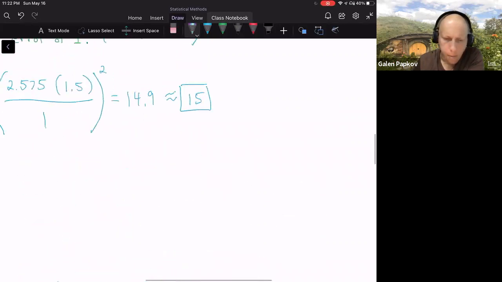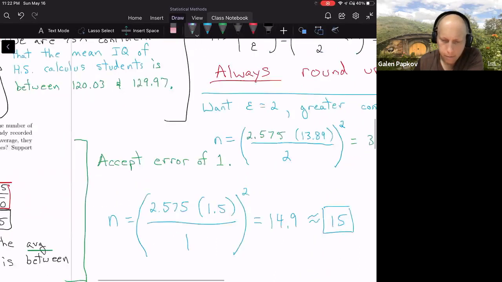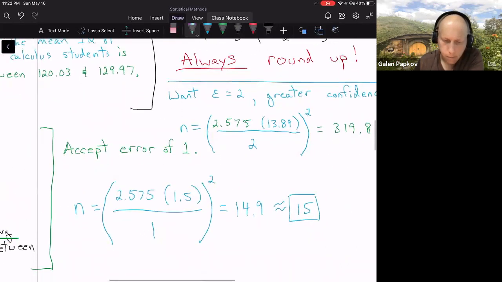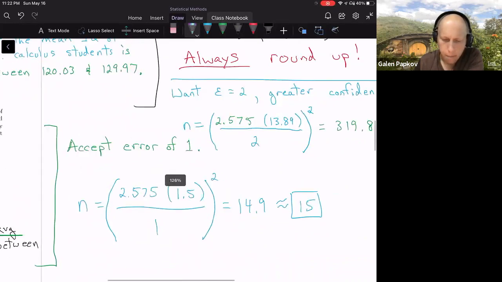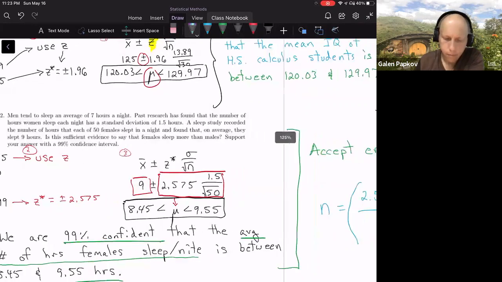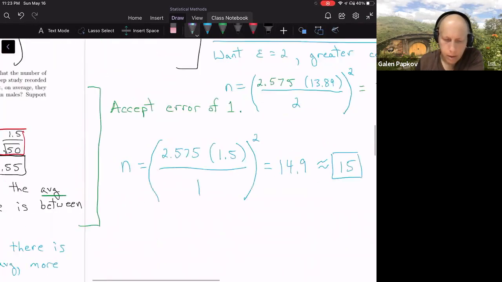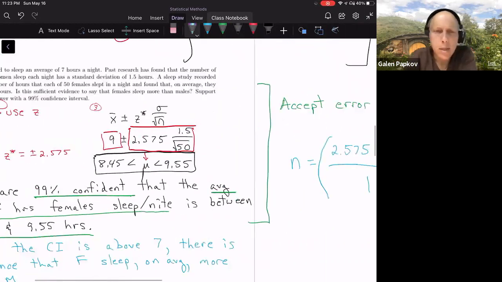Let's look at another one. So I'm looking at problem 2 here. And maybe in this case, we would accept an error of 1. Now this is another one that's making an inference for mean. And the error was too big here. And so maybe I want it to be 1.